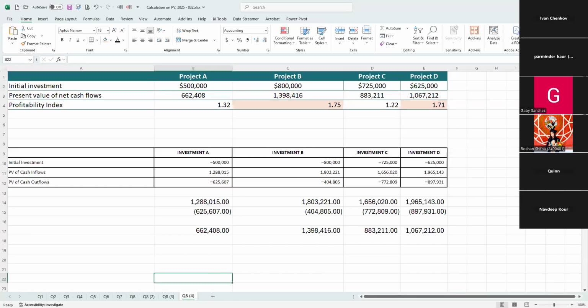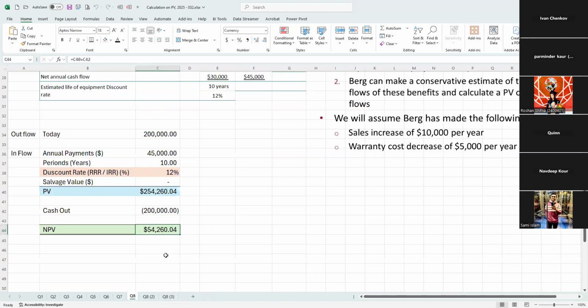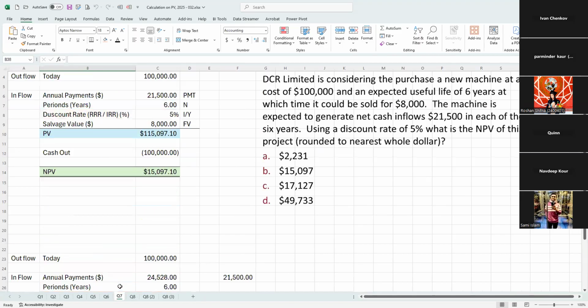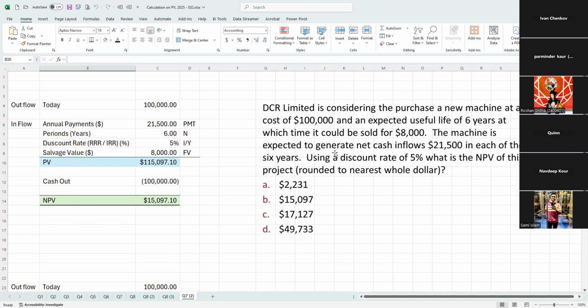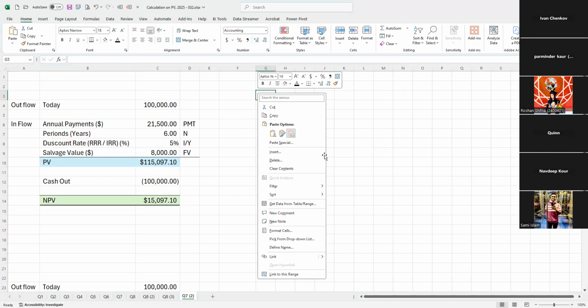Can you guys see my screen? Yes, Professor. Actually, I don't need this Excel spreadsheet. We can get rid of this, and let me get one that has a present value here. This one will be the most appropriate one. Okay, let's put the question here and see what we can get.